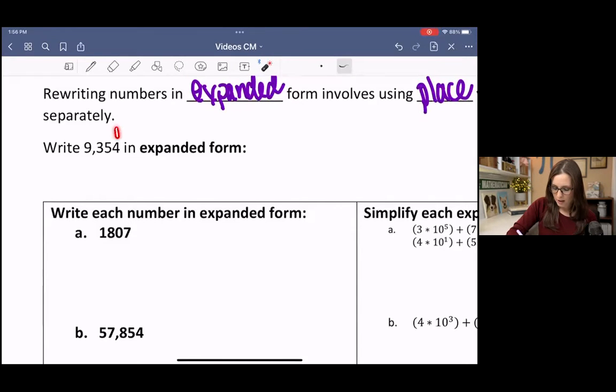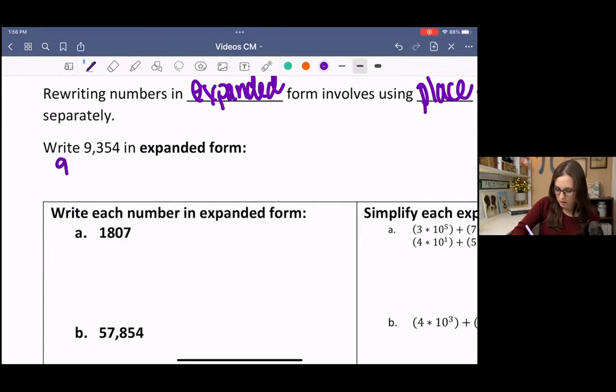You're looking at each digit as a place value. So 4 is in the ones position, 5 is in the tens, 3 is in the hundreds, 9 is in the thousands. And if you read this number out loud, 9,354, you're actually saying the place value as you read it. So you're going to use that to rewrite it in expanded form.